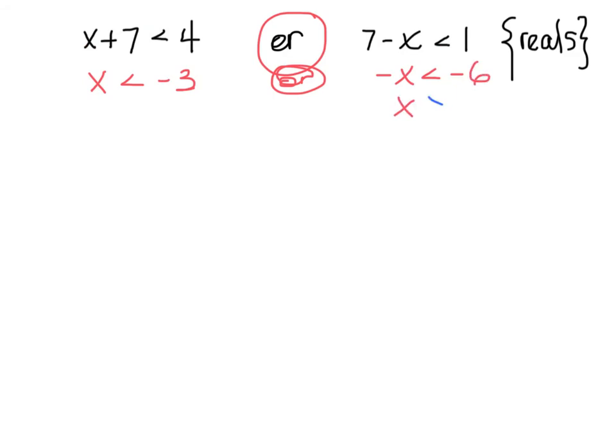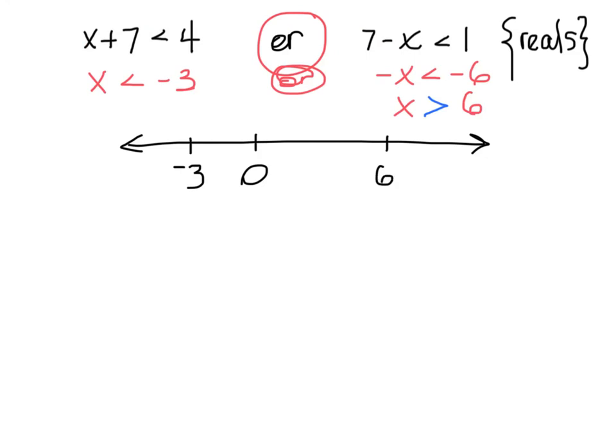That will flip this inequality, +6. If I were to graph that, here's 0, here's -3, here's +6. I want everything less than -3, and I want everything greater than 6.